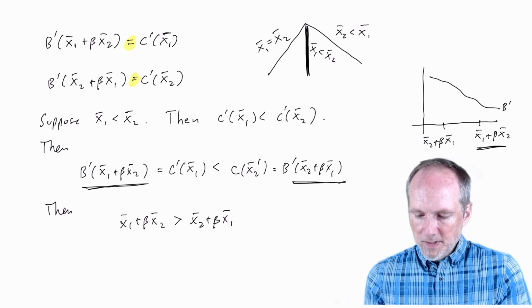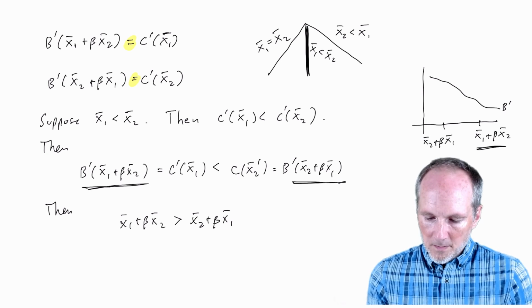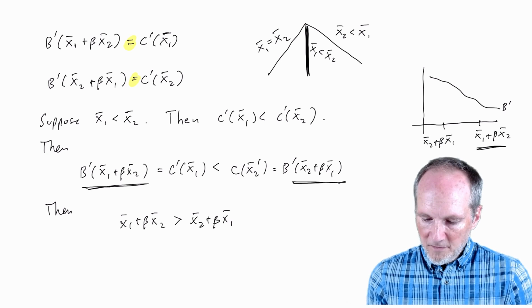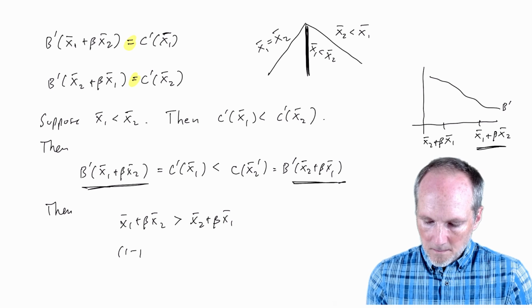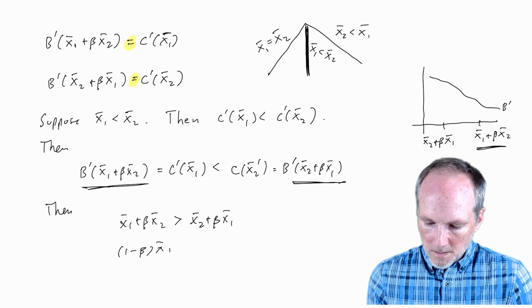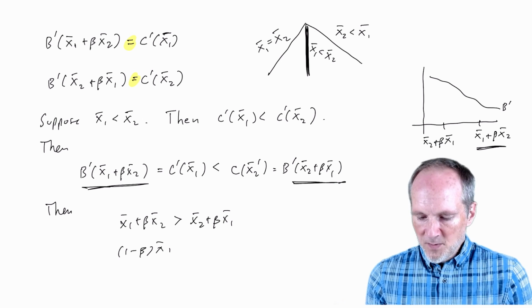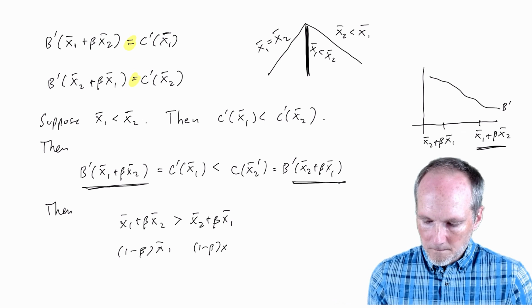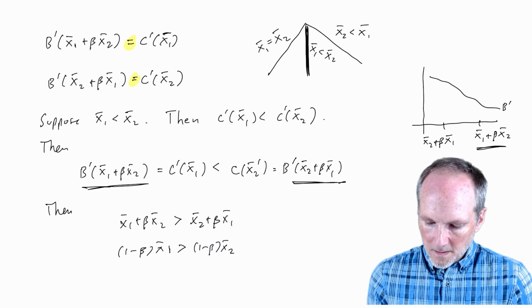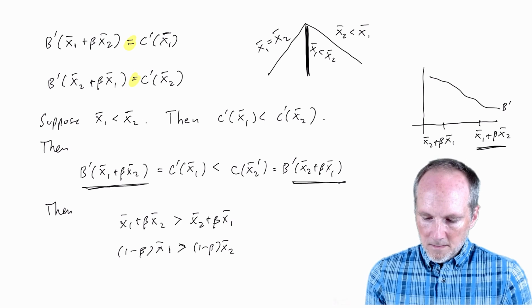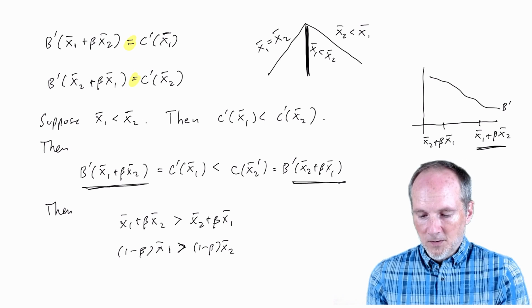But then if we just subtract beta x1 bar from each side and subtract beta x2 bar from each side, then we have this inequality here at the bottom.